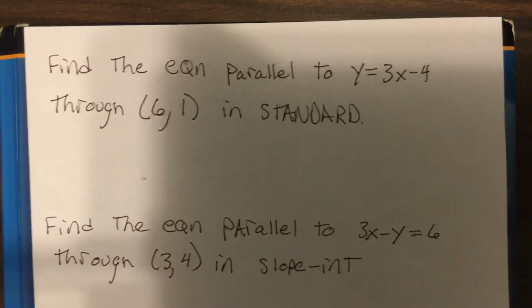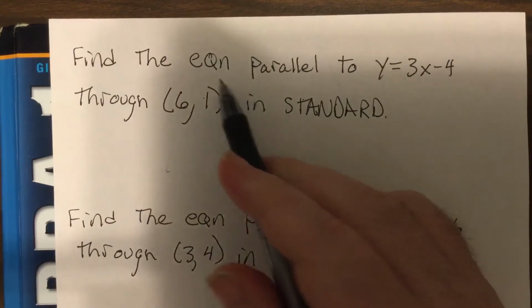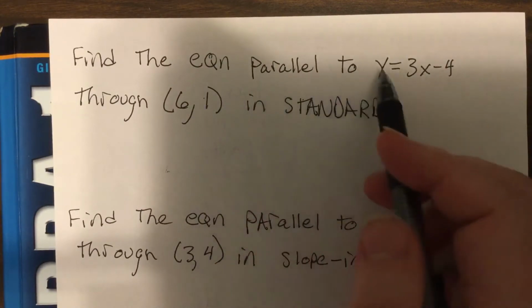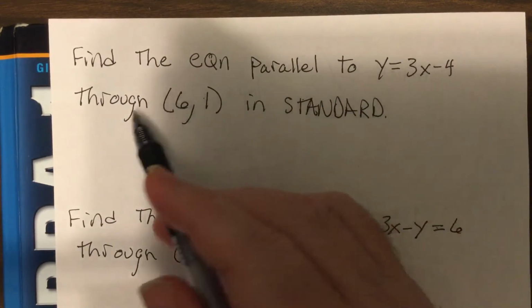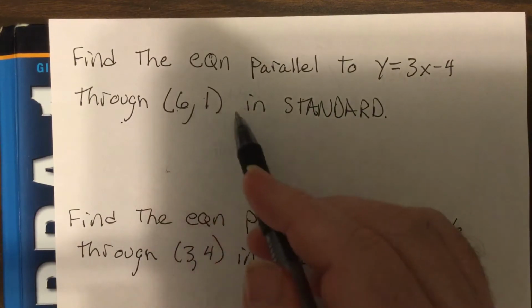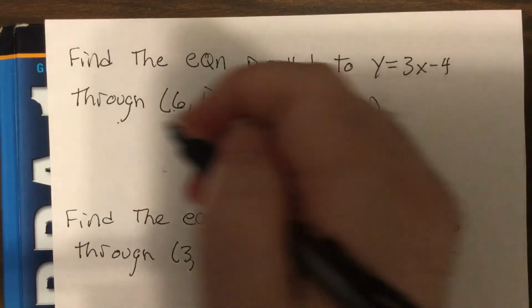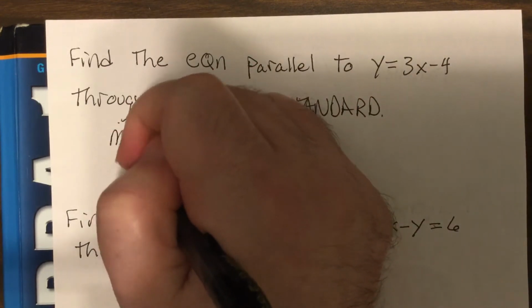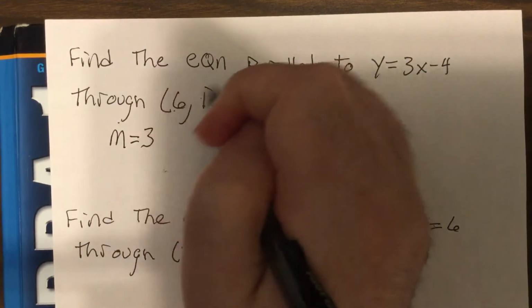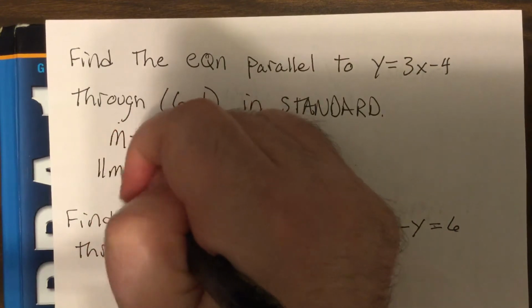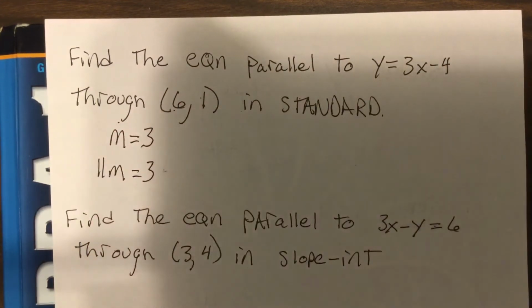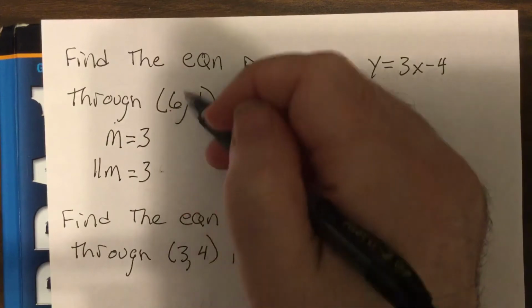So I have a problem. Find the equation of a line parallel to y equals 3x minus 4 through the point 6, 1, and I want the answer in standard form. Well, if the line is y equals 3x minus 4, the line slope is 3. Parallel line would have slope 3. So I'm going to do point slope.